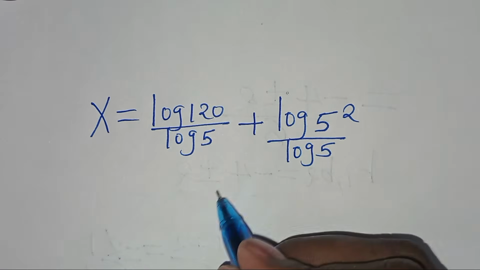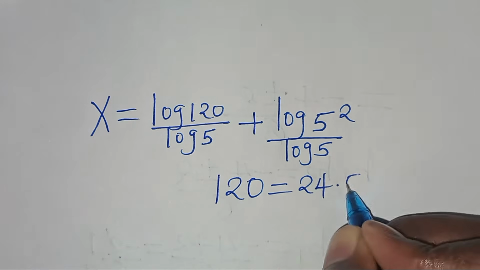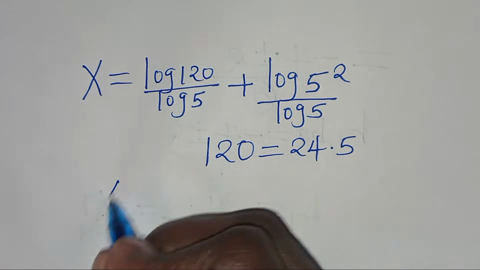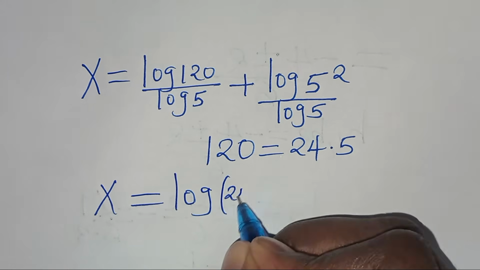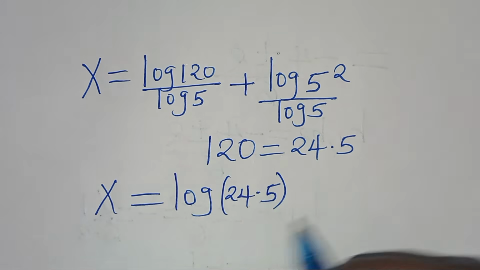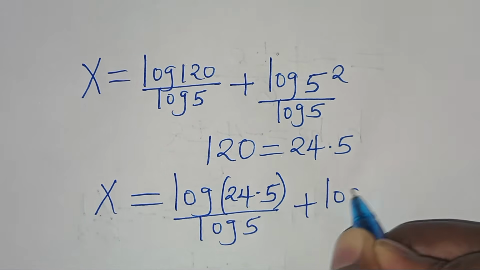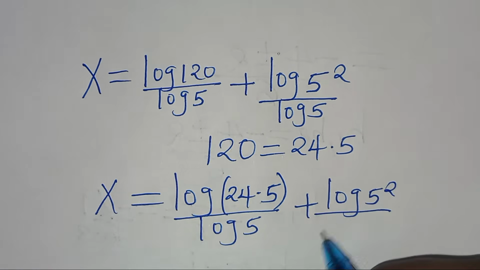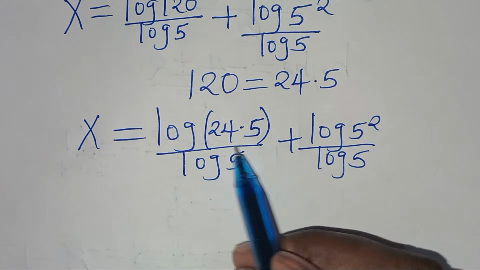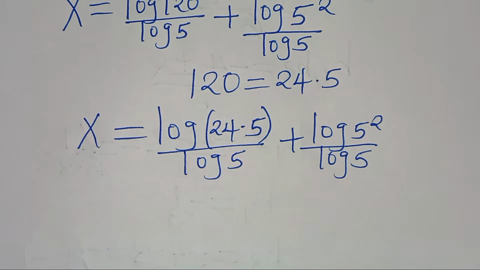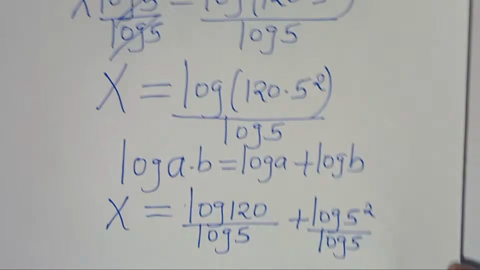Now the next step is that we can express 120. This is the same thing as 24 multiplied by 5. So here we have x is equal to, this is log 24 multiplied by 5 divided by log 5, then plus, this is log 5 to the power of 2 divided by log 5. Now, log 24 times 5, this is in the form of log a multiplied by b, which can express as log a plus log b.